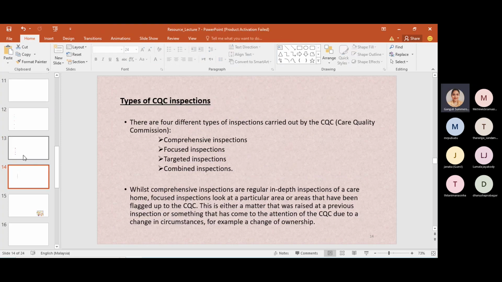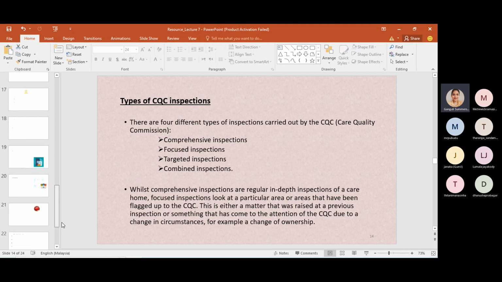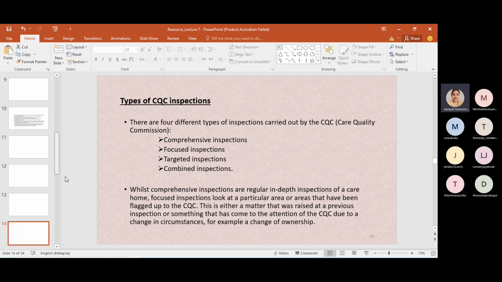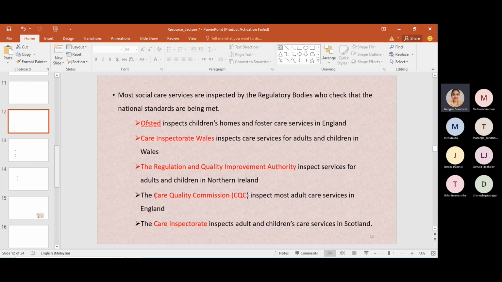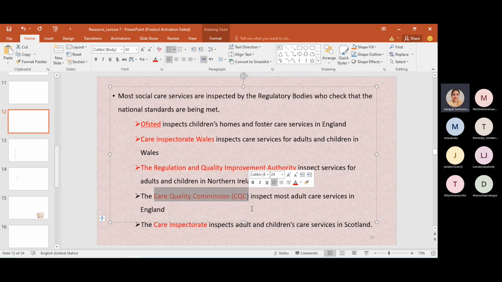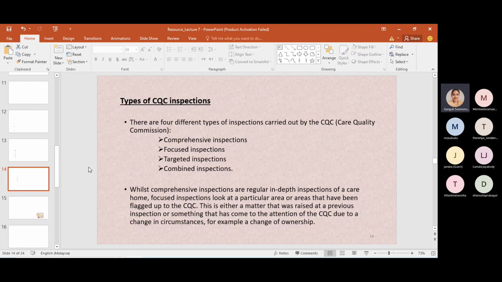Okay, so now we are going to talk in detail about this regulator over here, the Care Quality Commission, or CQC in short. Let's talk about the types of CQC inspections. There are several types of inspections carried out by the CQC.